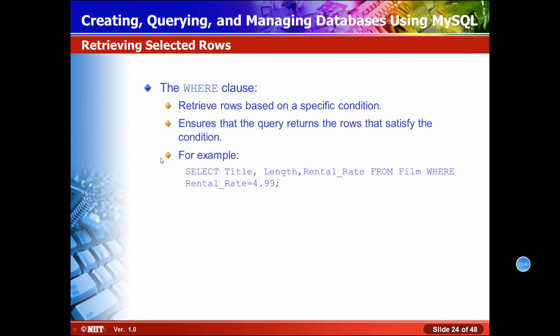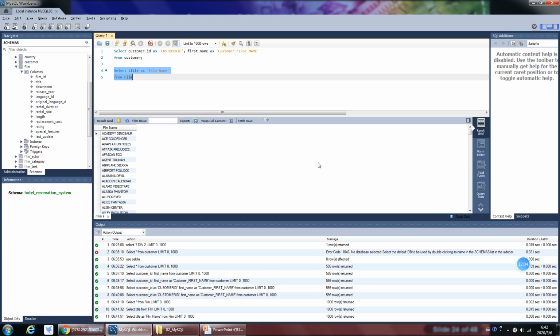As you can see in this query example, select title, length, rental rate from which table? Film. Let's first write this much of the query, and then we will see what is the use of the where clause.